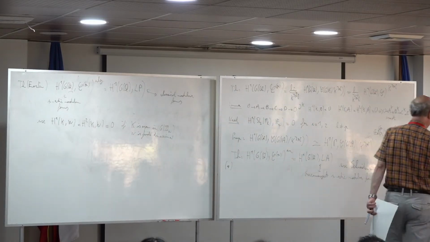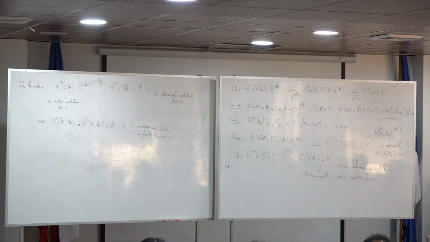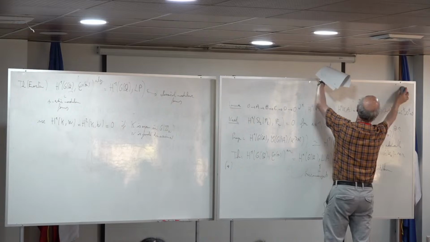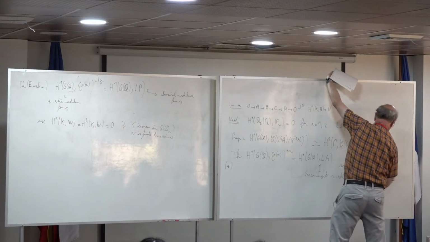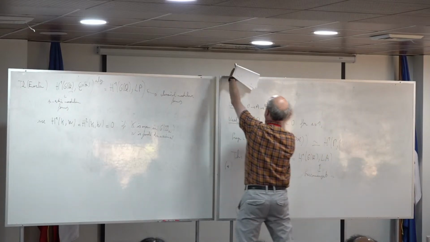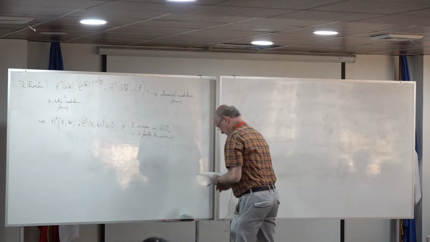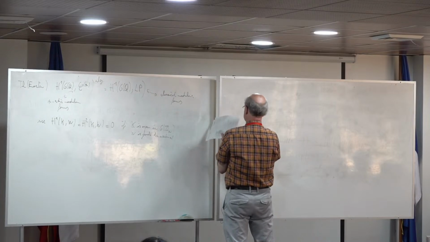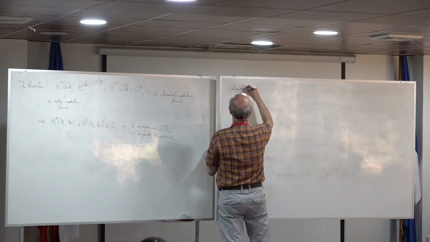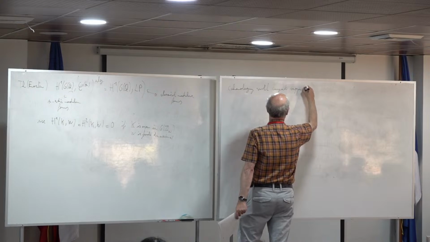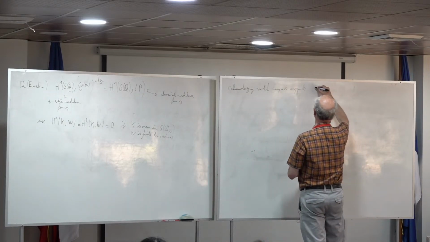Okay. So there is a variant with compact support of everything. So, cohomology with compact support. It's defined by the following cone.